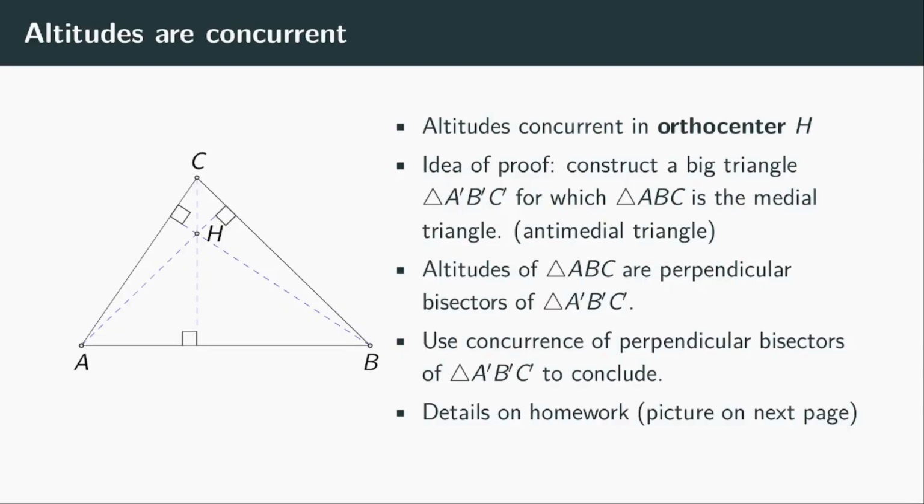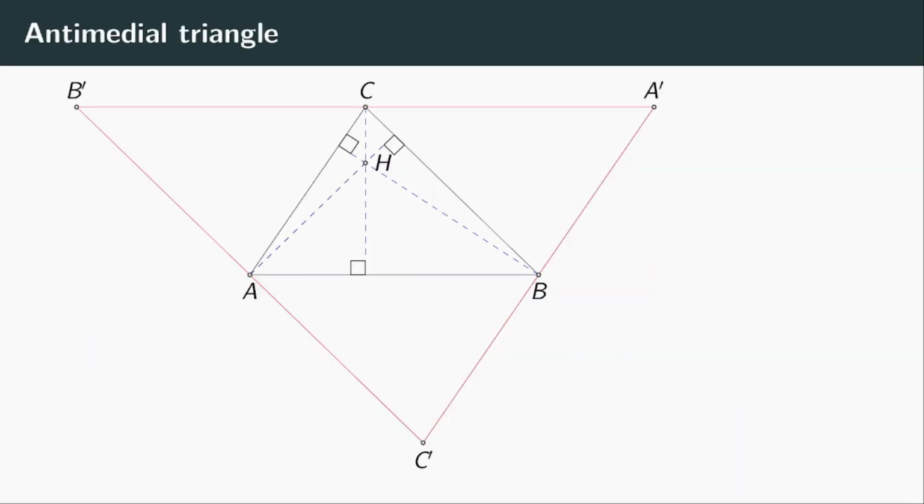So let me show you what this antimedial triangle looks like. And so here's my triangle ABC. And if you look at it, I've constructed now this big triangle A prime, B prime, C prime. And I've given you the hint that, well, I guess the first hint we have is that C needs to be the midpoint of A prime, B prime.